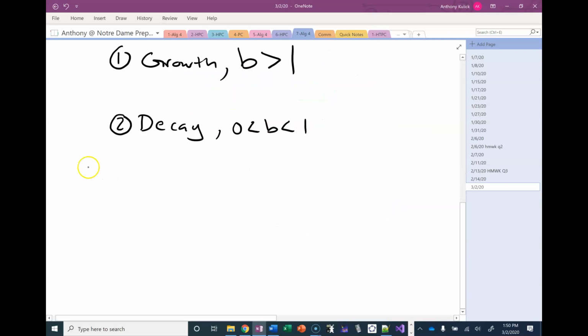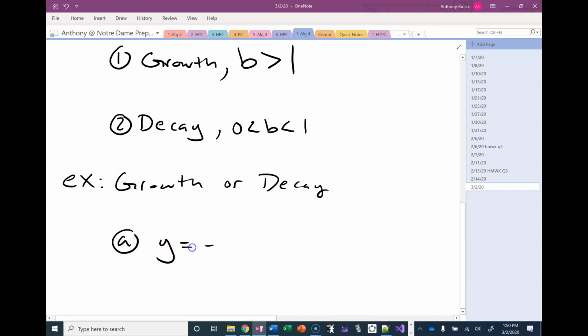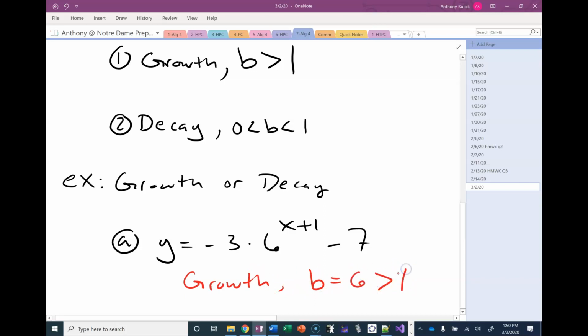So just as a quick little example, let's run through and just determine whether these are growth or decay. Nancy says that this is growth. How could you tell, Nancy? Because b is 6, and that's bigger than 1. Very good.